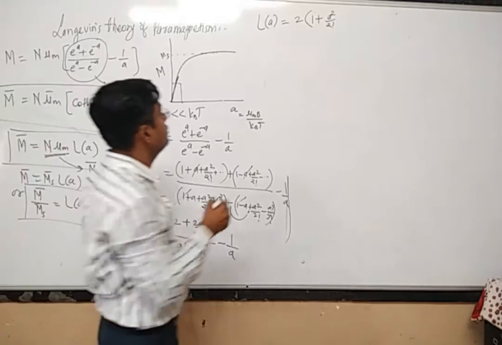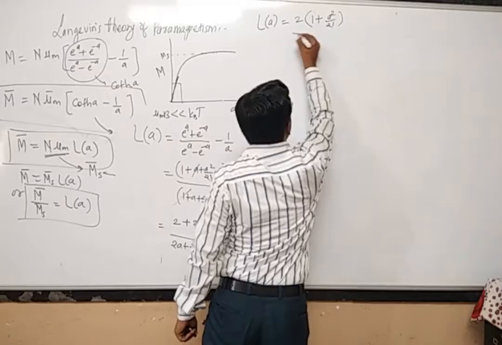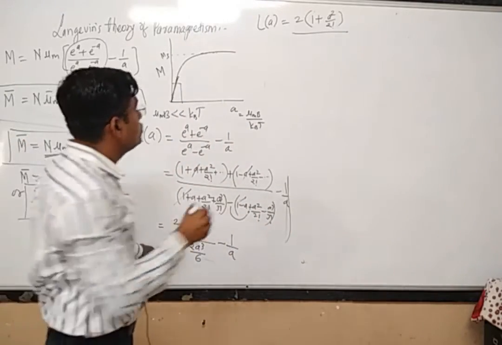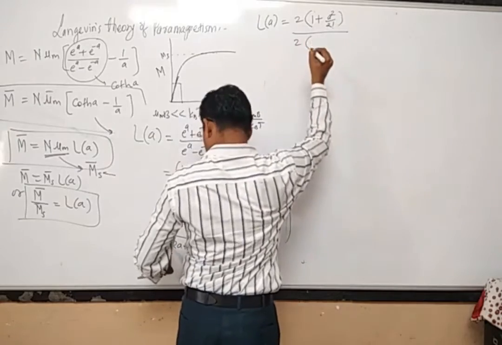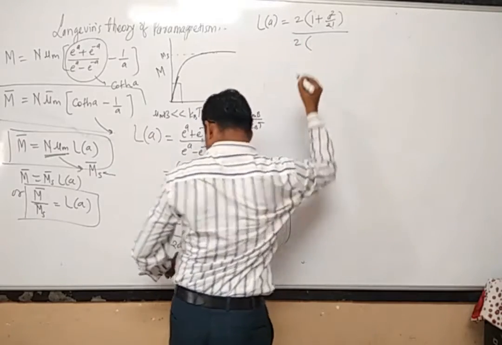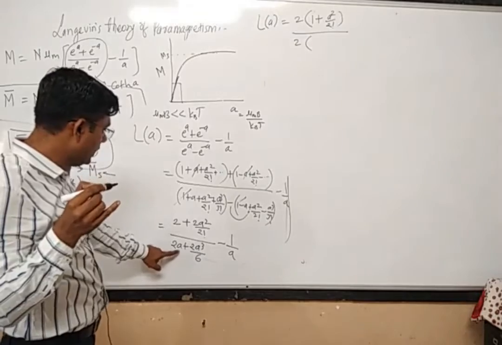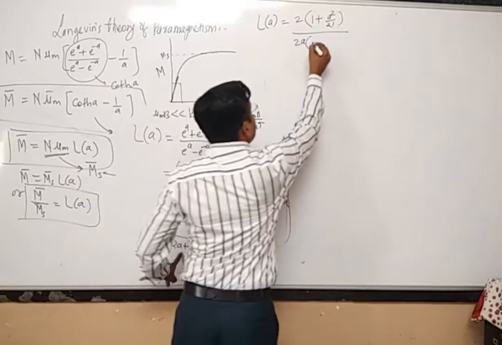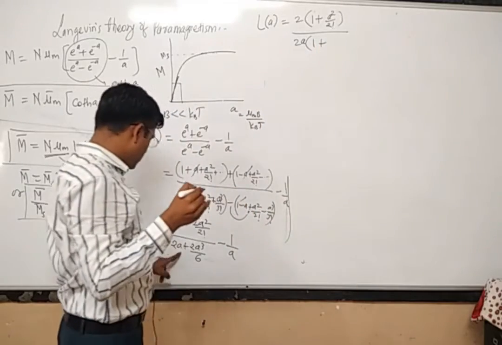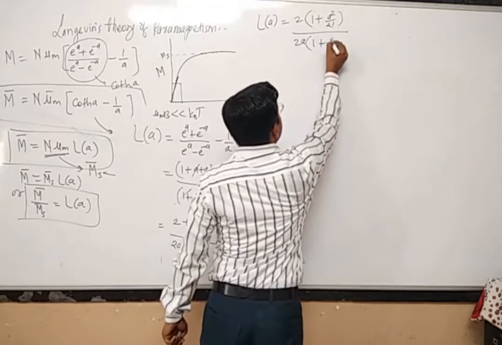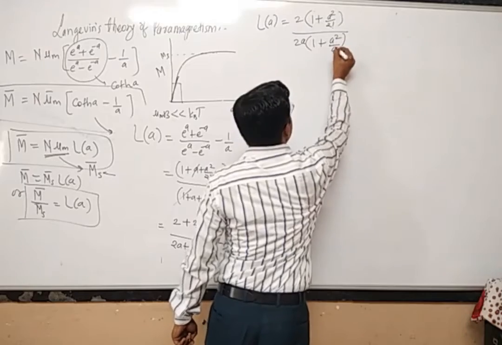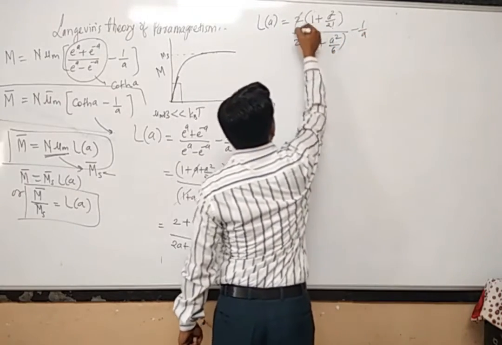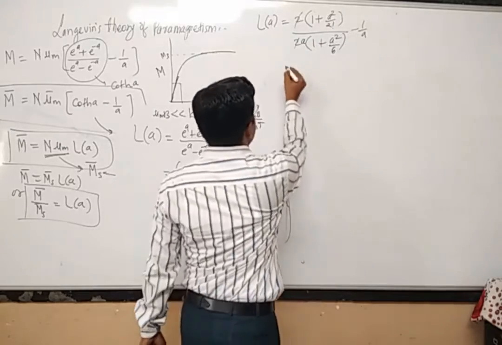So A square by 2 factorial will be there, divided by, again 2 will be common, or 2A can be common. Okay, 2A will be common, and 1 plus, here it will be A square by 6, and it is 1 by A. So 2 will get cancelled, and let us solve this now.